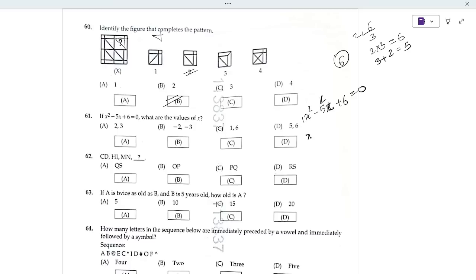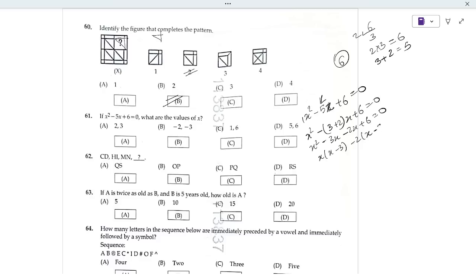That means x square minus 3x minus 2x plus 6 is equal to 0, since minus into minus is plus 6. So here we take x common from the first two terms, and from the last two terms we take minus 2, since plus becomes minus.